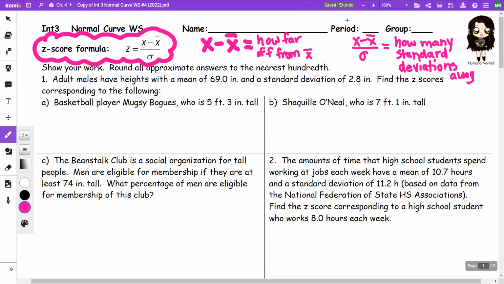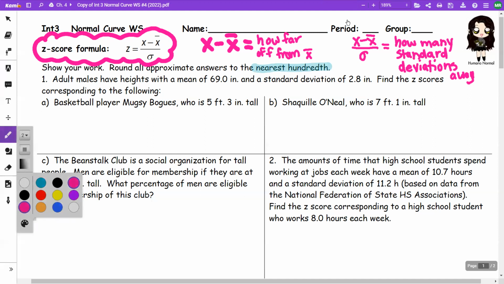So they want us on this to round our answers to the nearest hundredth. So on number 1, adult males have heights with a mean of 69 inches and a standard deviation of 2.8. Find the z-scores corresponding to the following.